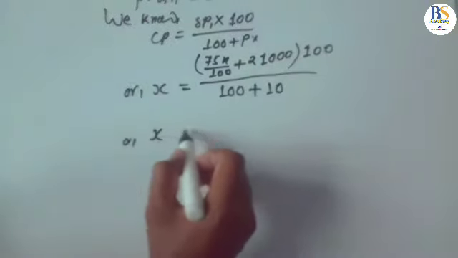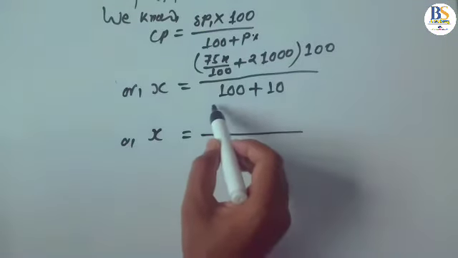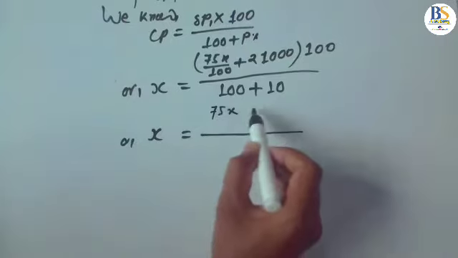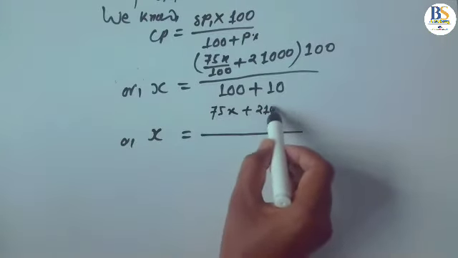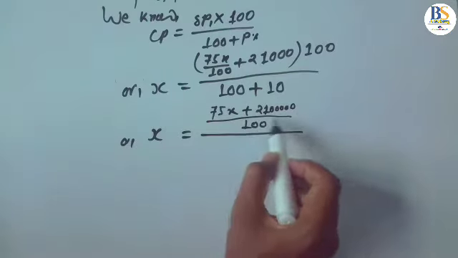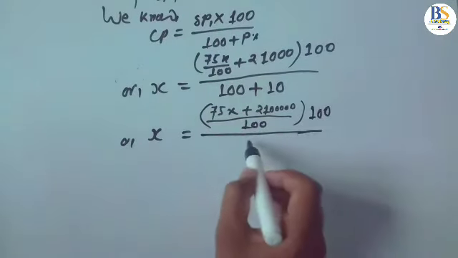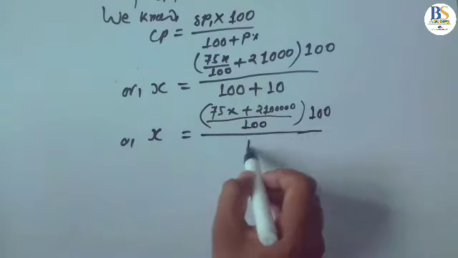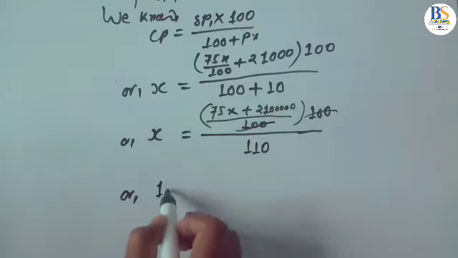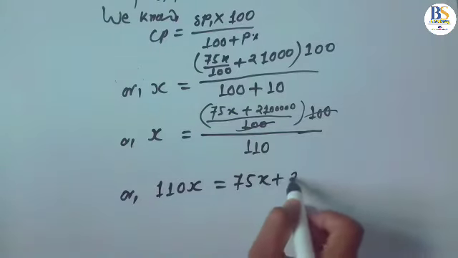or X equals, then solve by taking LCM at the numerator. 75x plus 2100000 divided by 100, bracket 100 divided by 110. Then this 100 cancels out. Then by cross multiplication, 110x equals 75x plus 2100000.